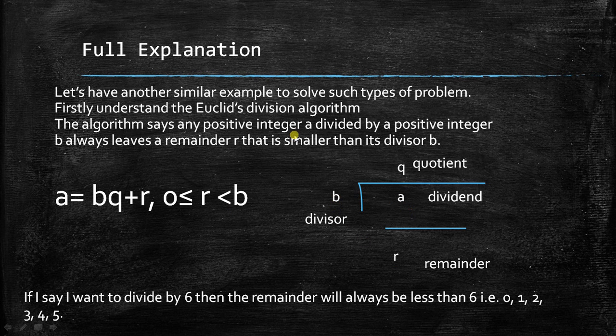This is what Euclid's division algorithm says: if you divide any positive integer by a positive integer, then the remainder will always be less than the divisor. This is what we have to understand with clarity.